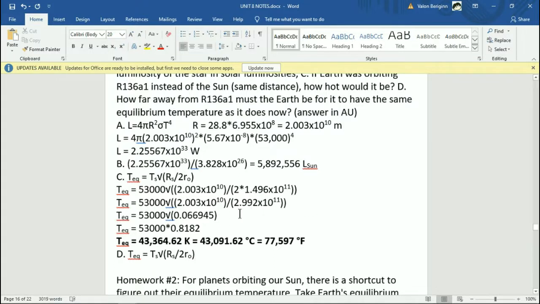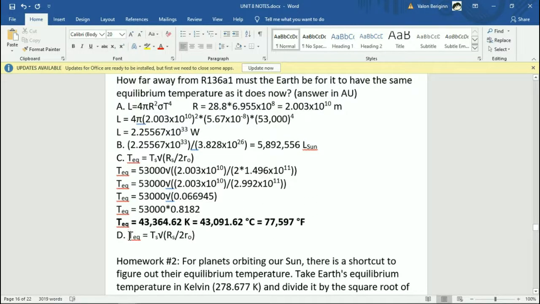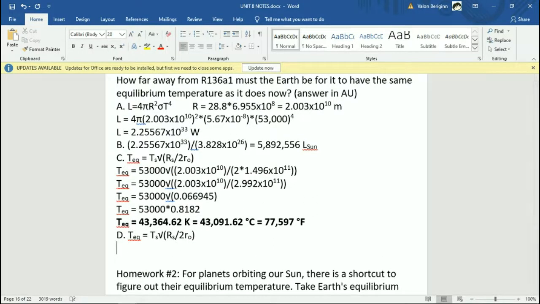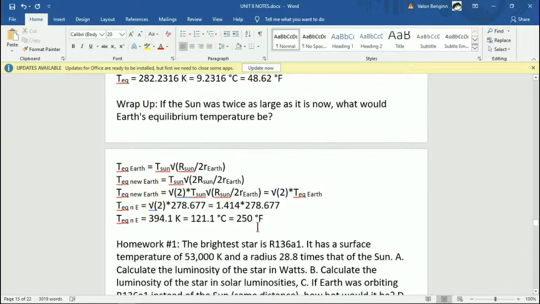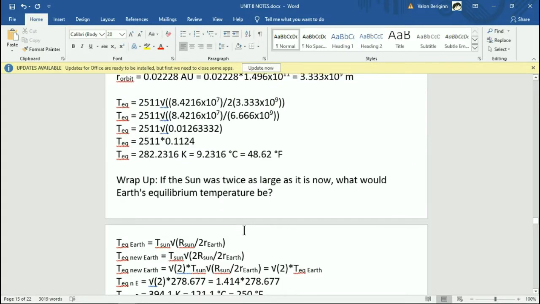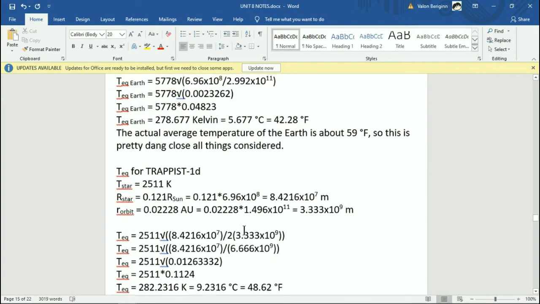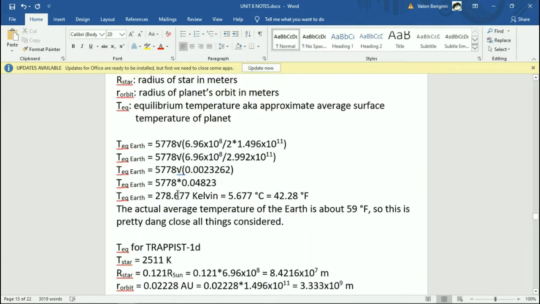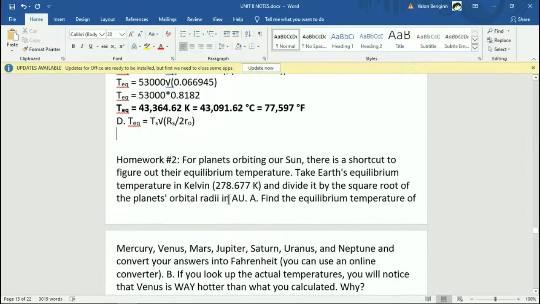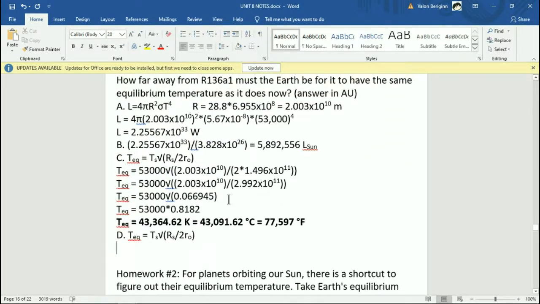But what's different is we want this number to be the same as it usually is, which is, what did I have it as? I already forgot. 278.677. Okay, so we want that to be the same as it is.